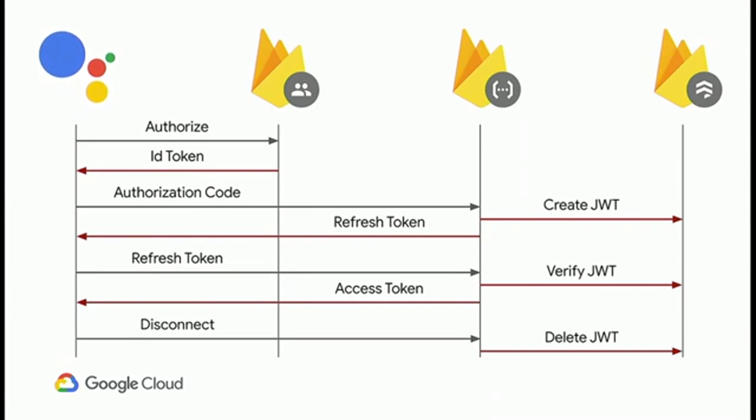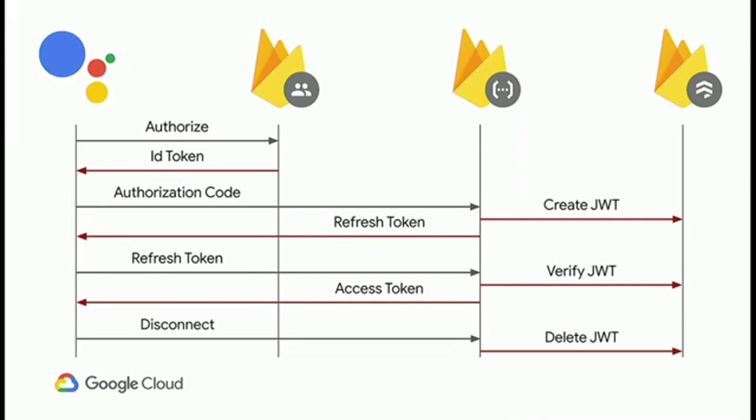Then later, Google will pass that authorization code back to our cloud service, asking us for what's known as a refresh token. This is basically a persistent token that should be valid as long as the user's account is linked to the assistant. So this is something that we on our side need to generate, return, and then persist in Firestore.